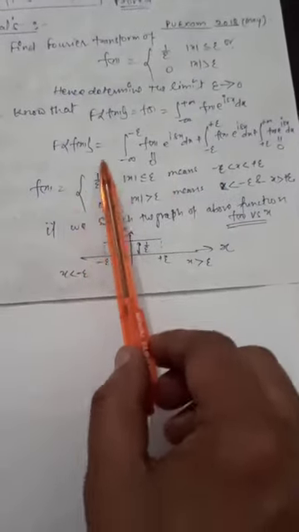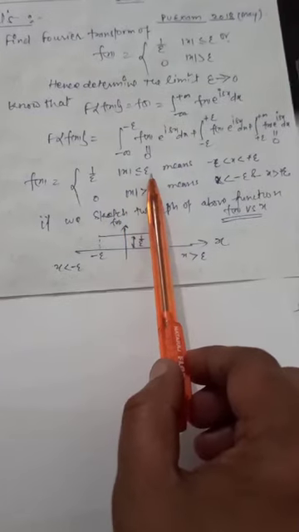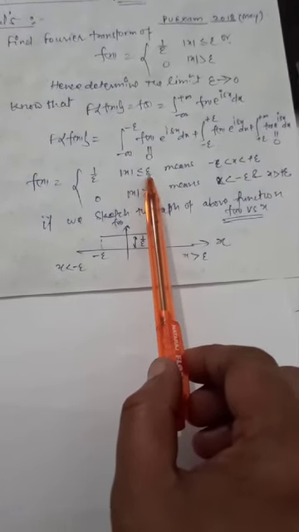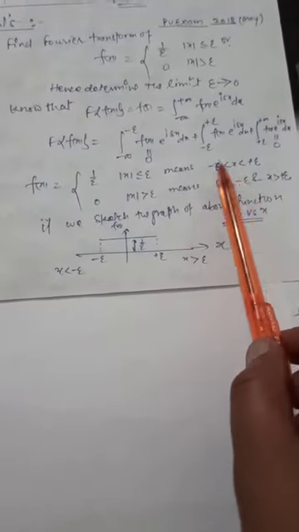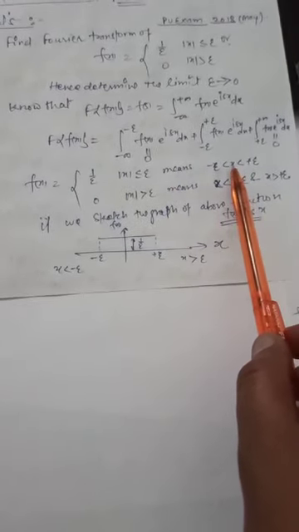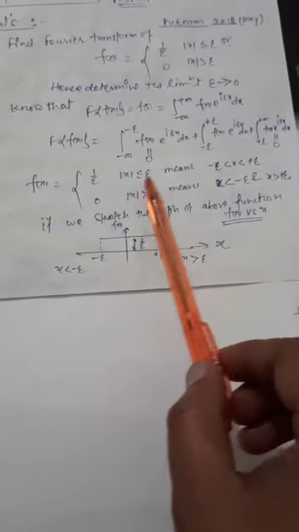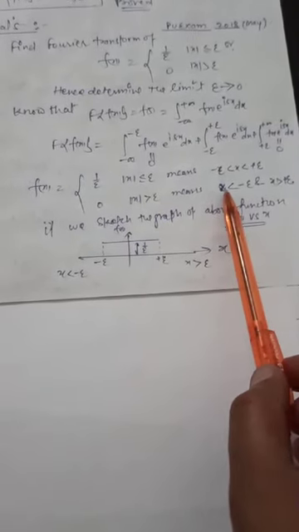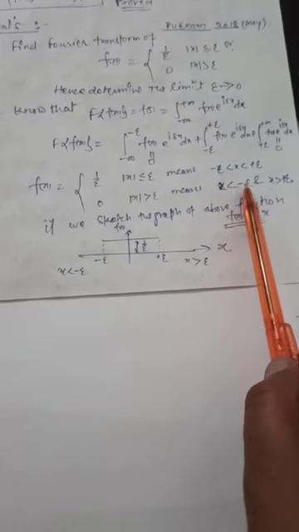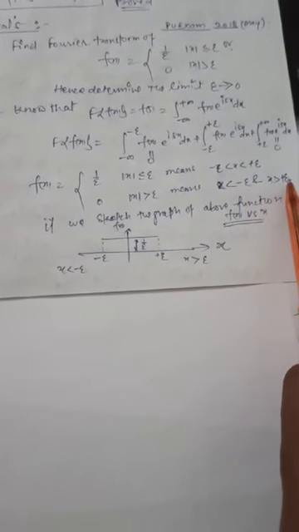Now the nature of the function is defined. F of x is equal to 1 upon epsilon for mod of x less than or equal to epsilon, which can be written as minus epsilon less than x less than plus epsilon. Mod of x greater than epsilon means x is less than minus epsilon and x is greater than plus epsilon.